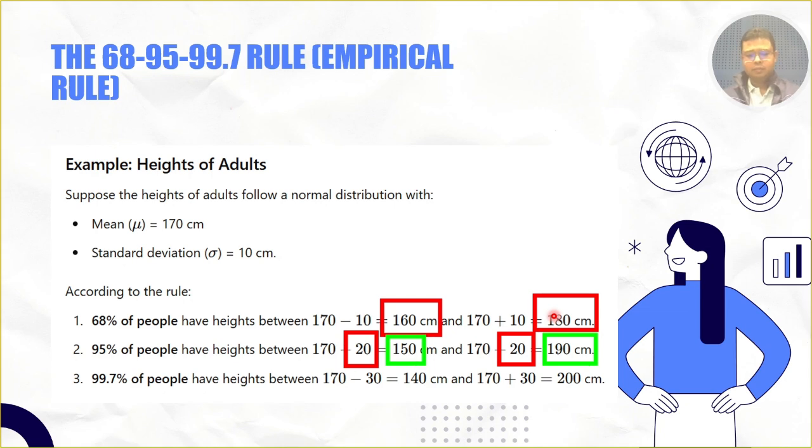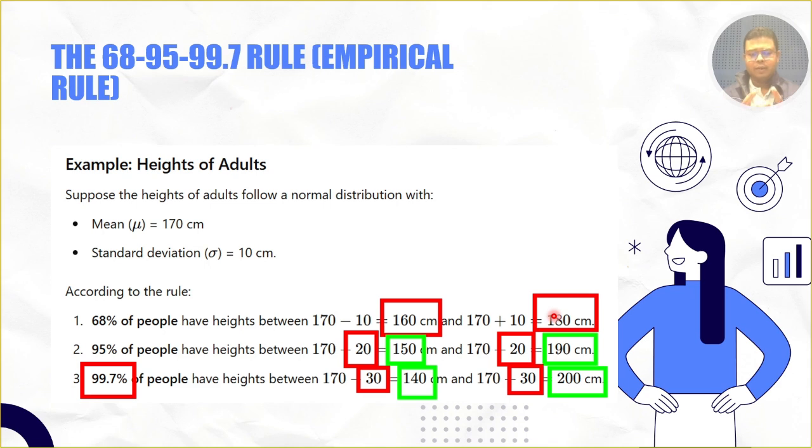When you think about 99.7%, you deduct three standard deviations and add three standard deviations on the right side. It means the range will be from 140 to 200. So I do believe you understand it. What is the rule of 68, 95, and 99.7%?